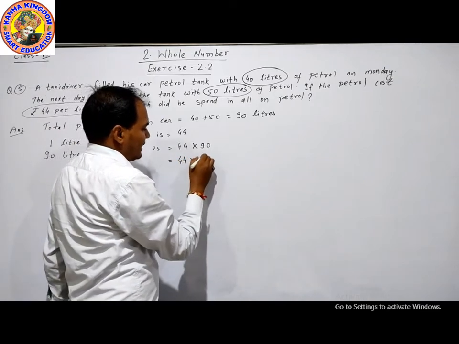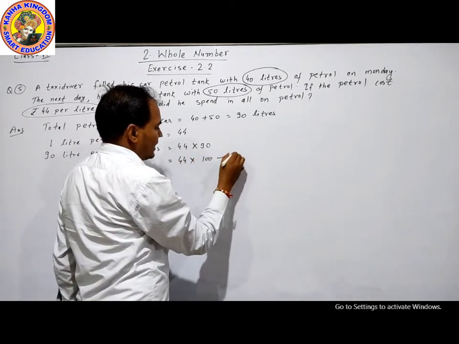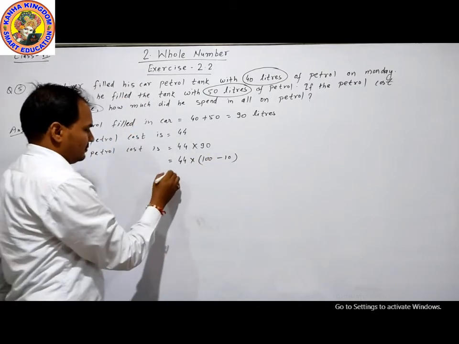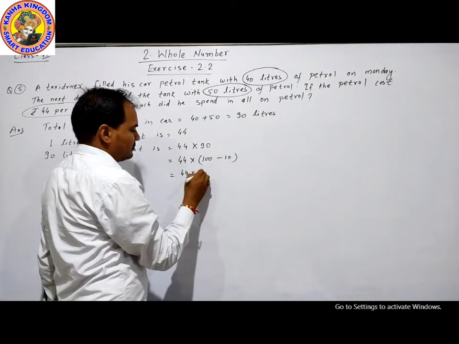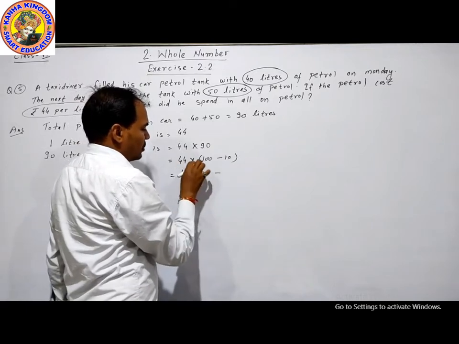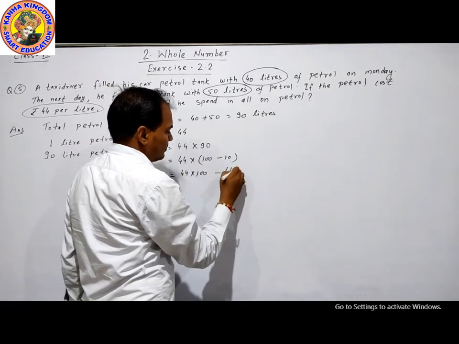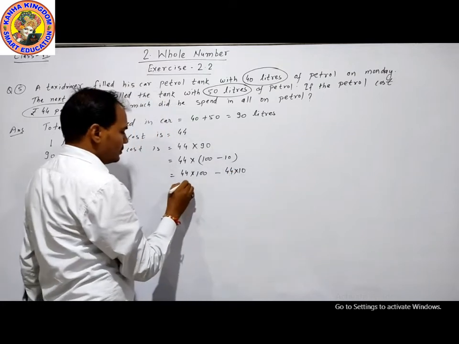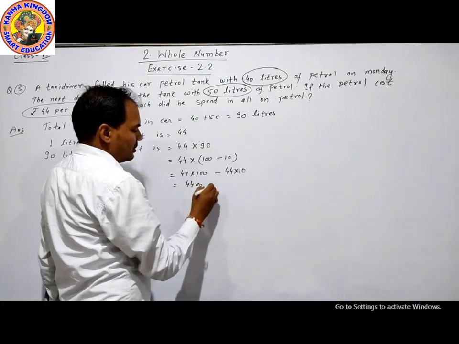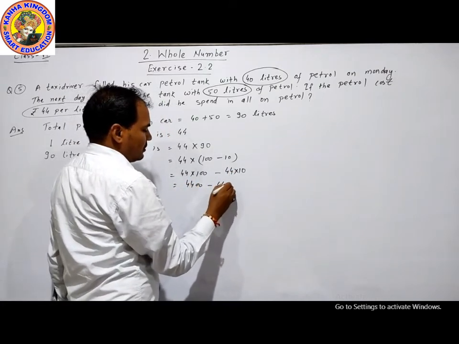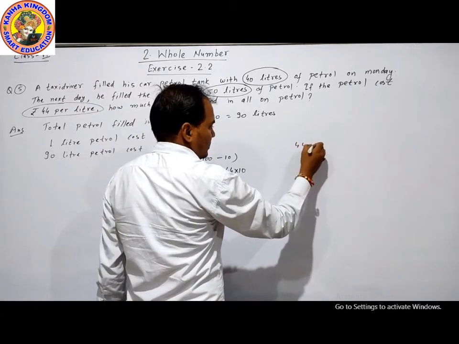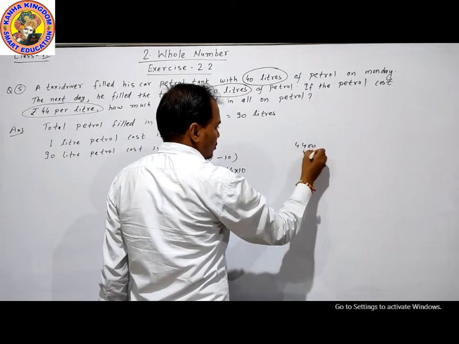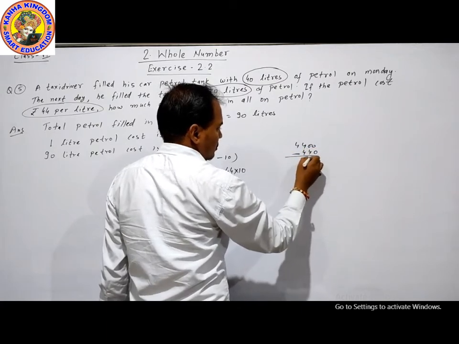We can break 90 into 100 minus 10. So 44 multiplied by 100 minus 44 multiplied by 10, 4400 minus 440. 0 minus 0 is 0, 4 minus 4 is 0.